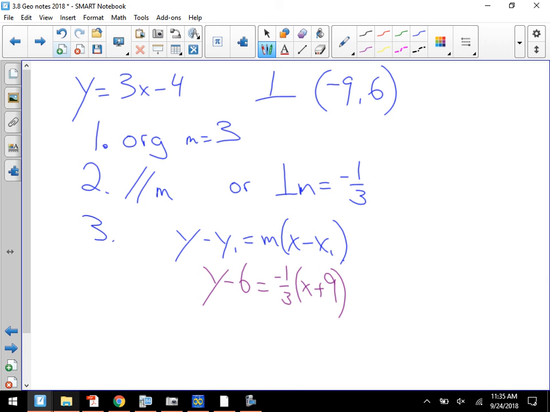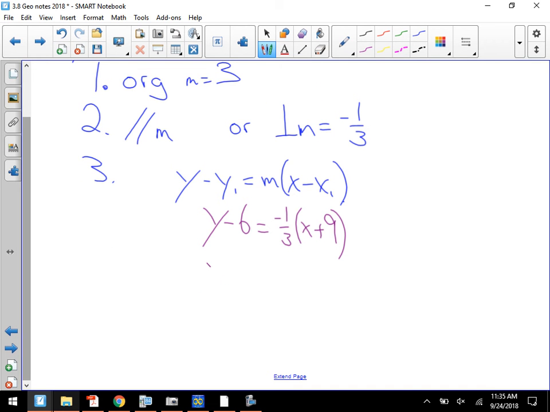What's a third of 9? So as you distribute out, y minus 6 equals negative 1/3 x minus 3. And 6, you get, what's that?